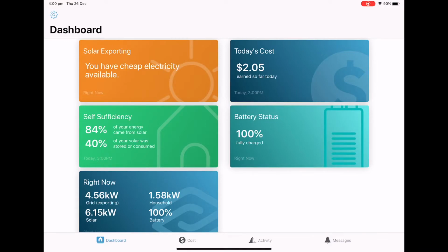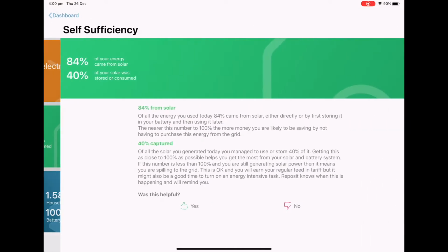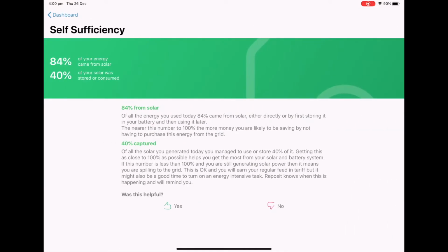Self-sufficiency, 84% of your solar energy came from solar, and 40% was stored or consumed. So basically what that's saying is most of the power I've used today has come from solar, and also been pumped back into the battery.